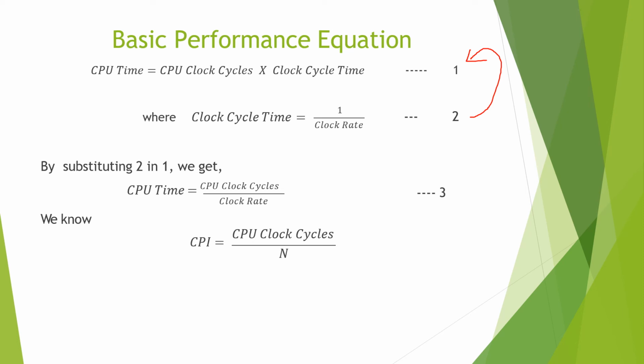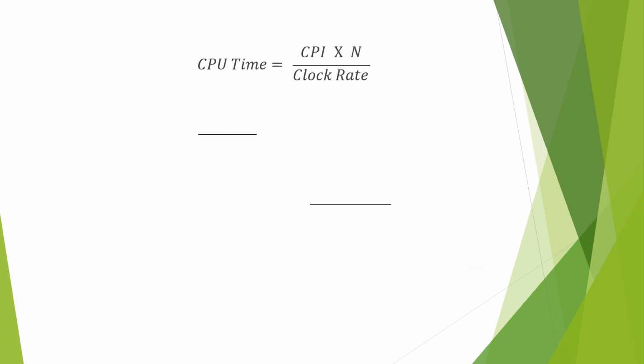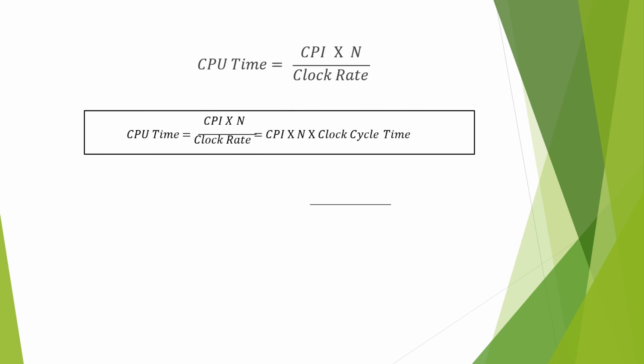From this, calculate the CPU clock cycles: cross multiply, so CPU clock cycles will be equal to CPI times n. Substitute 4 in 3. After substituting, we get CPU time equal to CPI times n, where n is the number of instructions, divided by clock rate. Let this equation be 5.